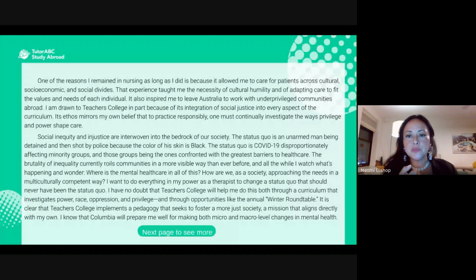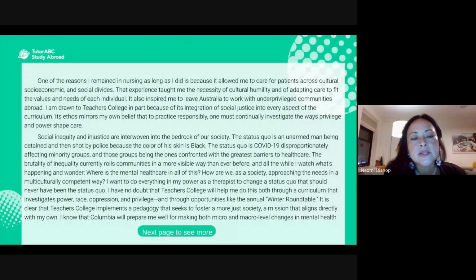And everyone agrees with investigating the ways privilege and power shape care. It's something people ubiquitously agree on, and it shows that you're thoughtful about the field and that you've zoomed out of the field and into the larger aspect of social justice.